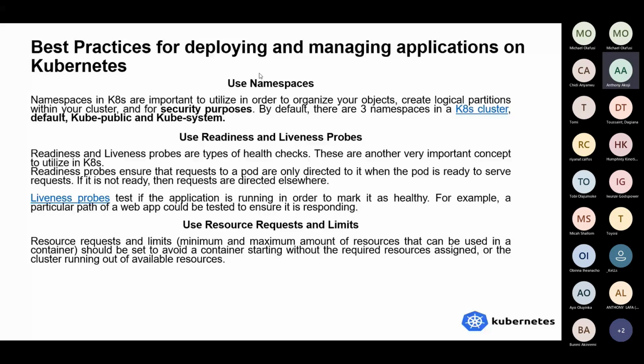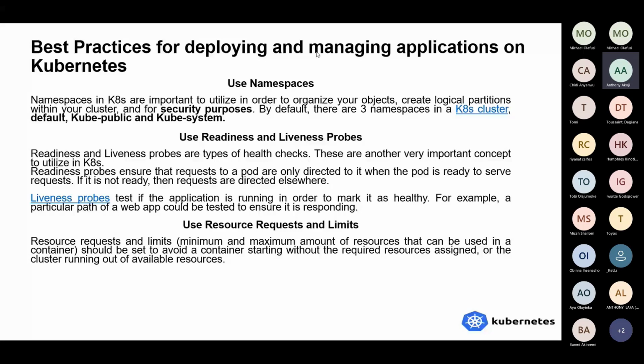The other thing for best practices for deploying and managing applications on Kubernetes is readiness and liveness probes. They are like your health checks. We've all heard of health checks from AWS, when your server is not responding and maybe it's failing one or two checks.